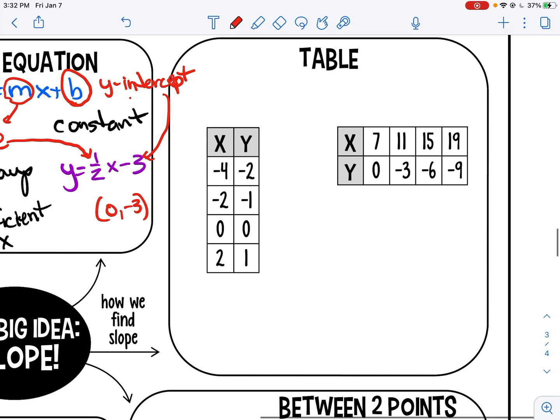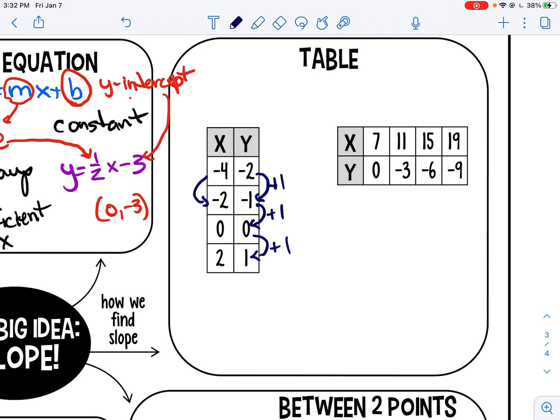Okay, then we talked about it being in a table. When we talked about it being in a table, we looked at what it goes up by. So first things first, I'm going to look at what it goes up by on the y's, or what it goes down by. In this case, it's going up 1, up 1, up 1.